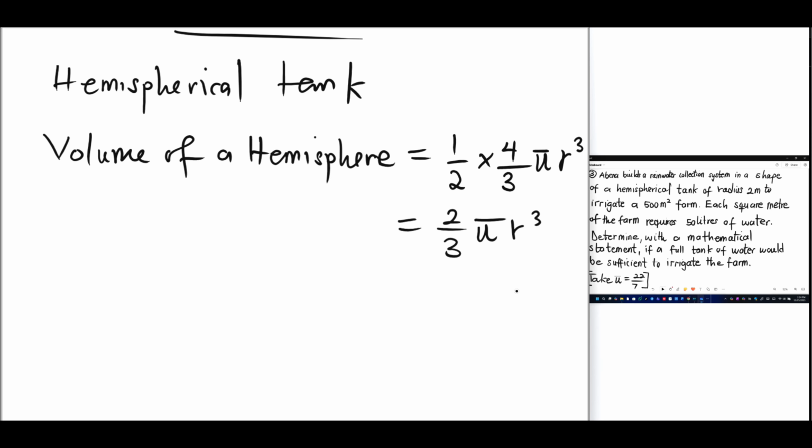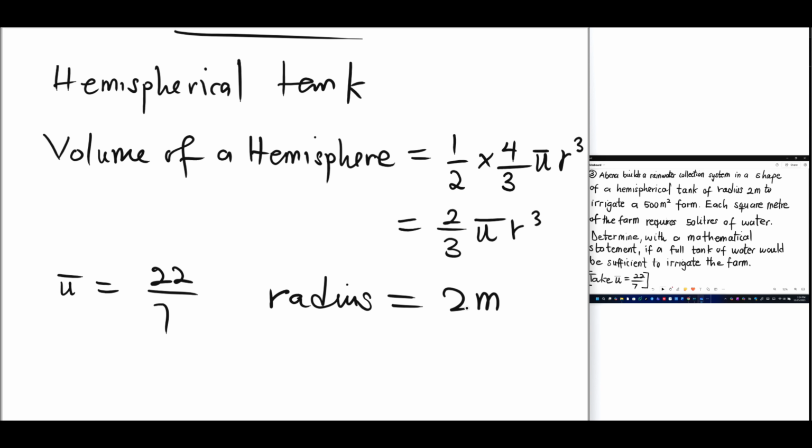We are given pi to be 22/7, and the radius of the tank is 2 meters.